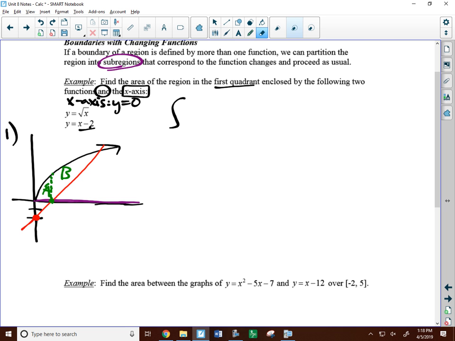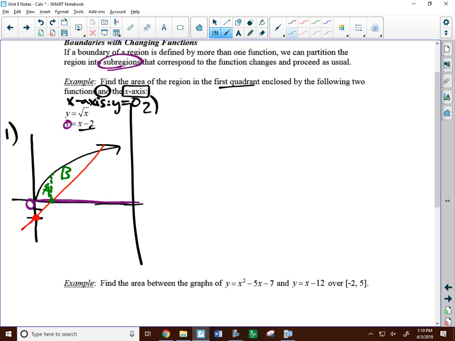Let's see, for step 2, I need to find the intersection points. Well, I have a couple. We're starting at 0, I have that one. I do need to find where the red line meets the x-axis, so basically I need the x-intercept. I can just set y equal to 0.